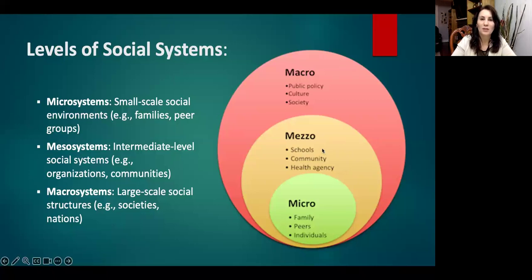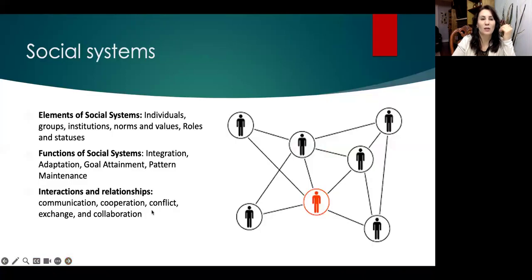So mesosystems are smaller groups. The microsystem is at the individual level, maybe family, the closest people, peers, and other people. That is the individual level of analysis. These are three different layers, or levels of analysis, in sociology.